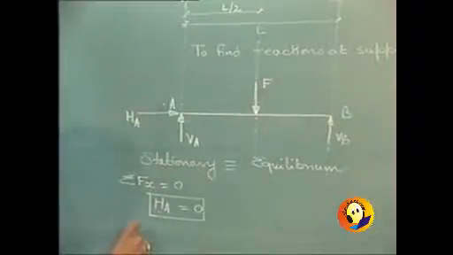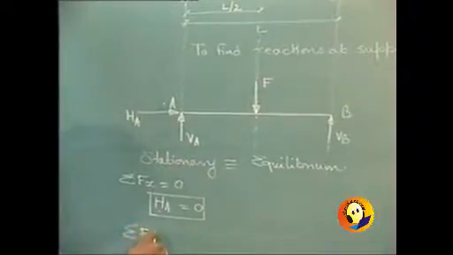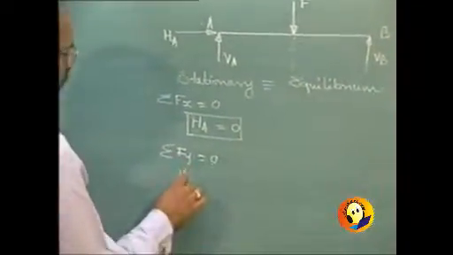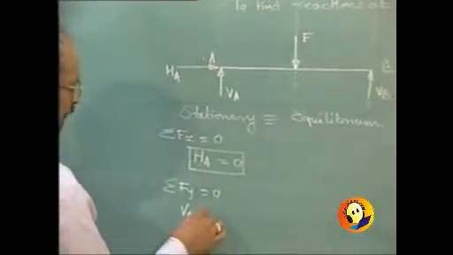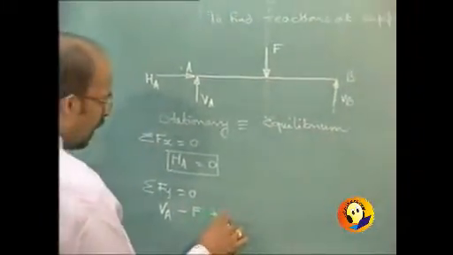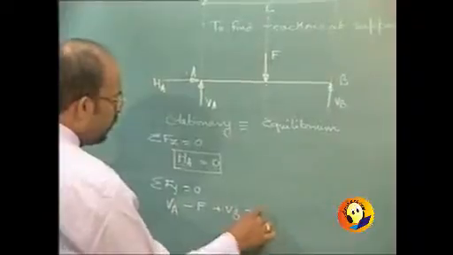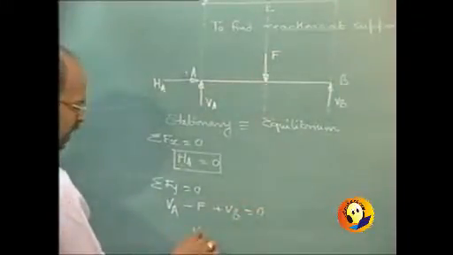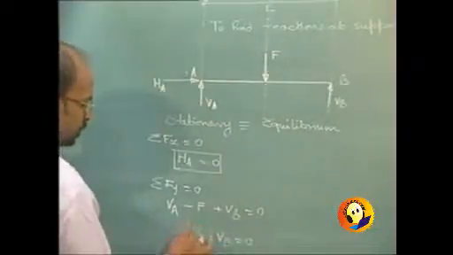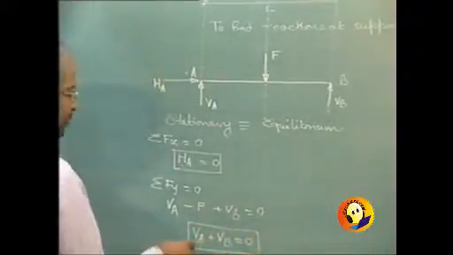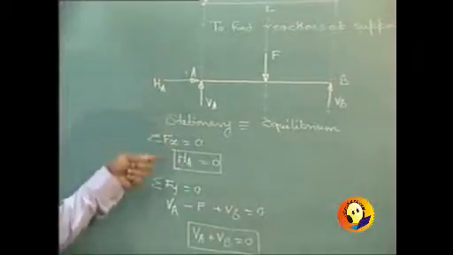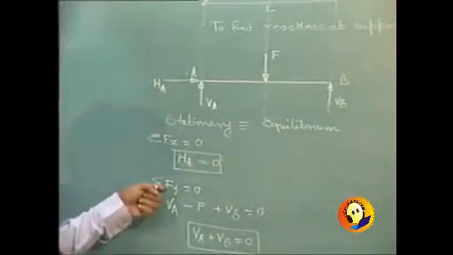Now if I write the second equation, sigma fy equal to 0, left to right I am going, VA upward assumed positive, F downward negative, and VB assumed upward positive equal to 0. And so we get VA plus VB is equal to 0 (that is, VA plus VB minus F equal to 0). Now there were three unknowns, and in equilibrium we had studied up till now only two equations.